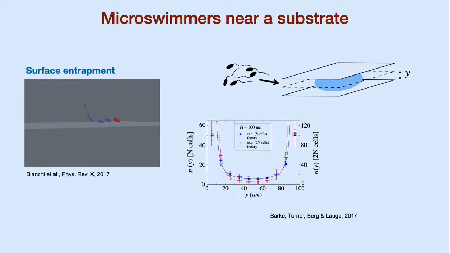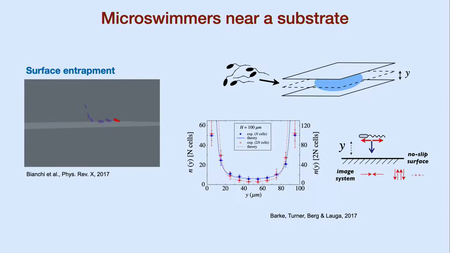Those dots are from experiment and the solid lines are from theory, and the theory explains this as follows. Each swimmer is a stresslet. This is a real bacteria, and they said that it can be approximated by a stresslet, the minimal model that I talked about. The stresslet will interact with the wall via these image fields.